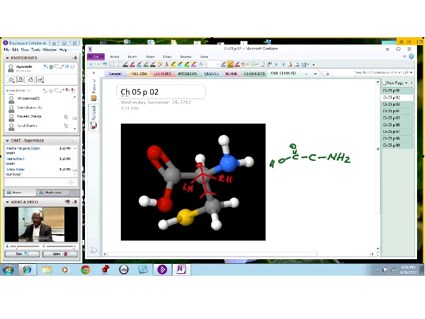Okay, so now you have this. And now what group will be on top of me? Or what atom will be hydrogen? And then below would simply be the CH2 that is attached to sulfur. And then, of course, sulfur is attached to hydrogen.